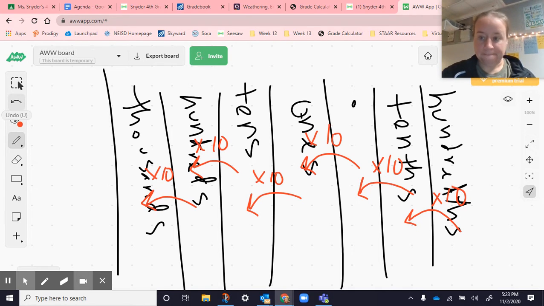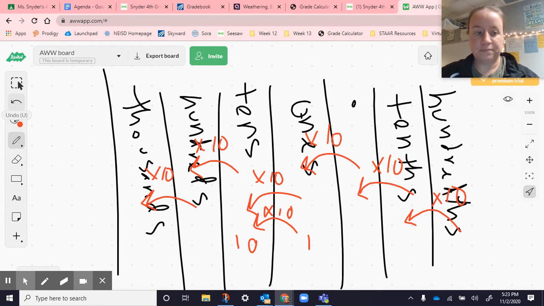You can think of it this way: if I have a 1 here, the value is 1. If I have a 1 here, the value is 10. I jump next door, times 10 is 10. So every time we move to the left, think times 10.